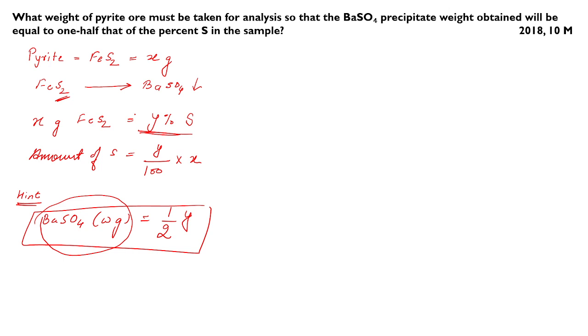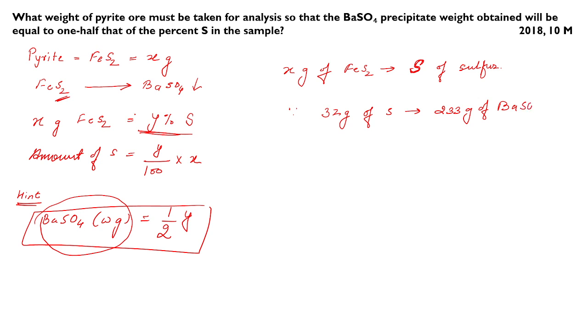Let's say X gram of FeS₂ is giving S amount of sulfur, and from stoichiometry we know 32 gram of sulfur will give 233 grams of BaSO₄.